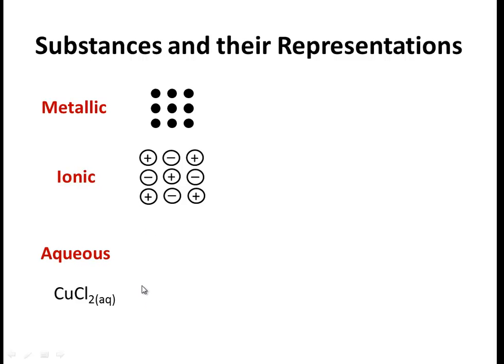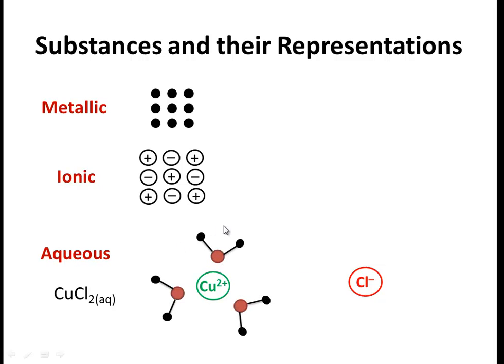And then aqueous. For example, we're working with copper 2 chloride. Copper 2 chloride in the aqueous phase could be represented as copper cations separate from chloride anions, and in water solution the metal cations are going to be surrounded by water molecules, which have a very definite orientation.